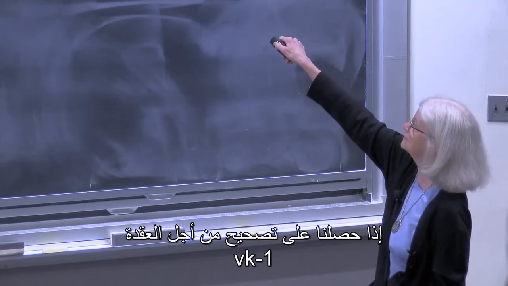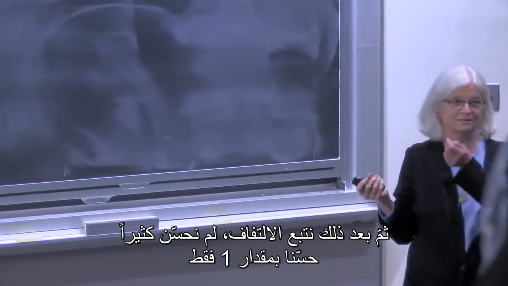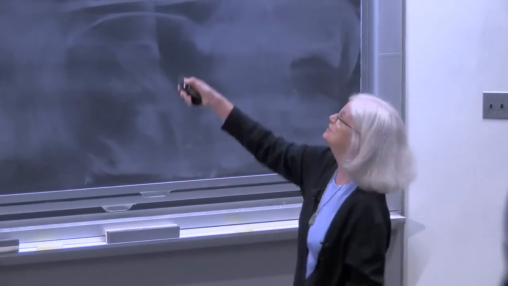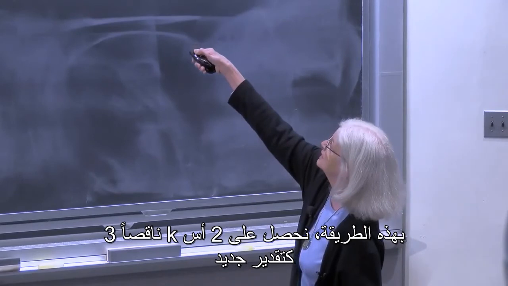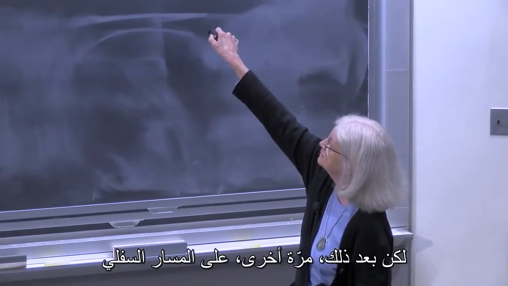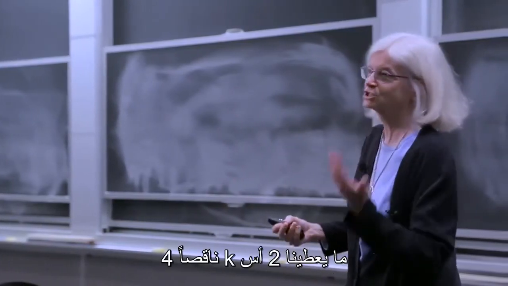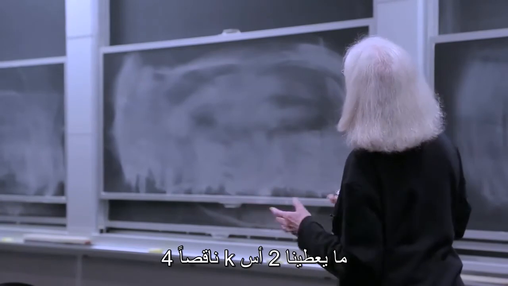So if you get the correction for node BK minus 1, but then you follow the detour, you haven't improved that much. You've just improved by 1. So this way, you get 2 to the k minus 3 as the new estimate. But then, again, on the lower link, the message eventually arrives, which gives you 2 to the k minus 4.